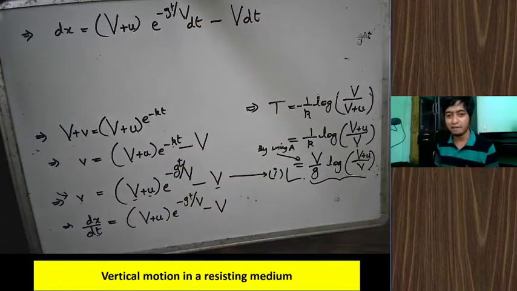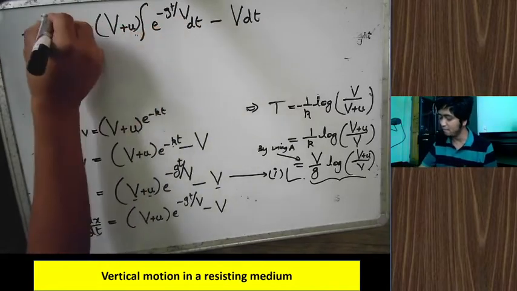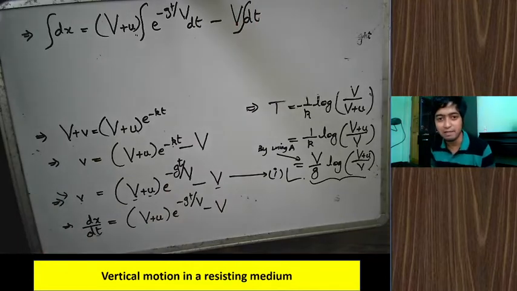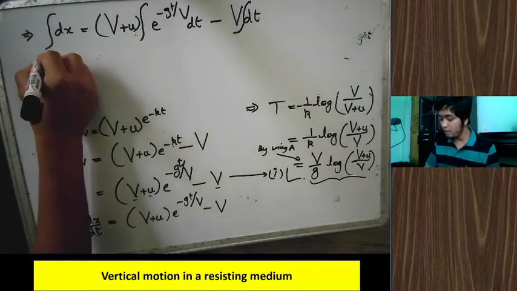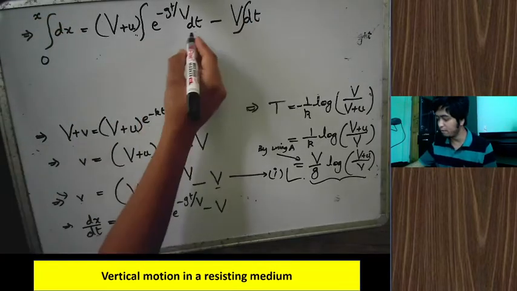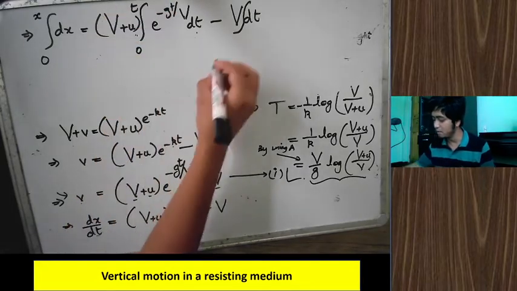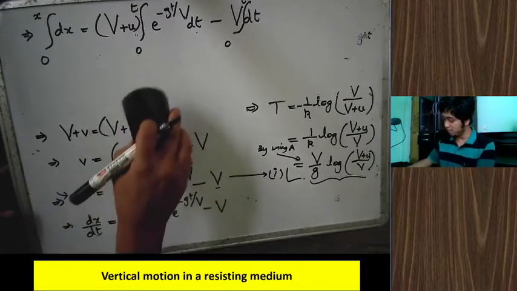This one is a constant, so we can take it outside of the integral sign. Similarly, this one we will have it like this. The integration is from O to P, so from 0 to x, and over here the integration is for the time 0 to t.